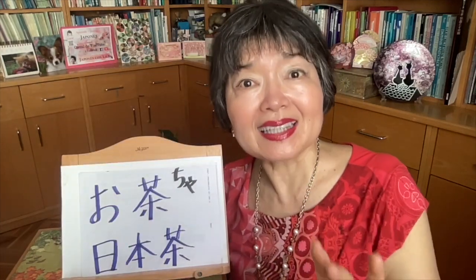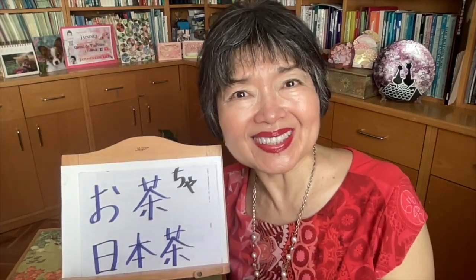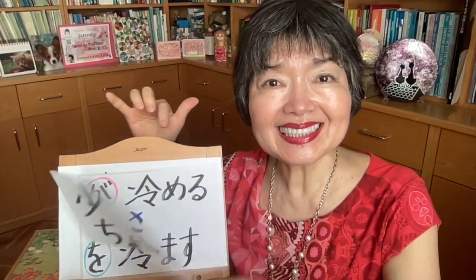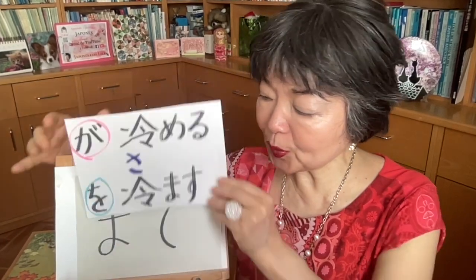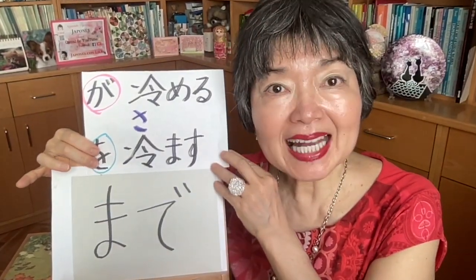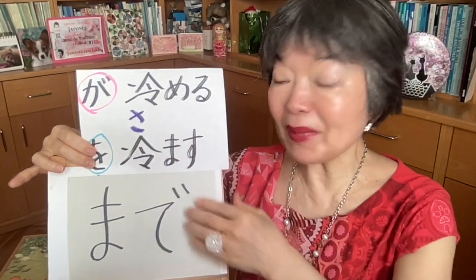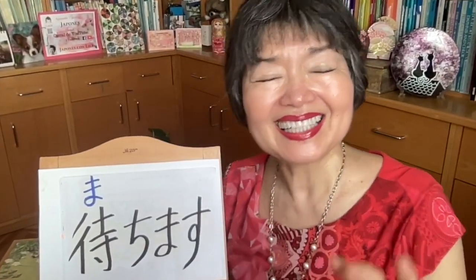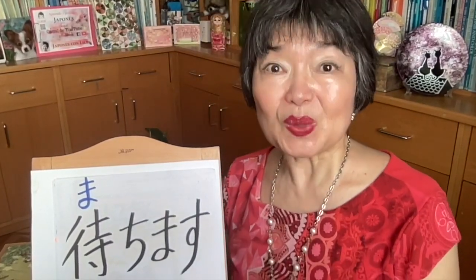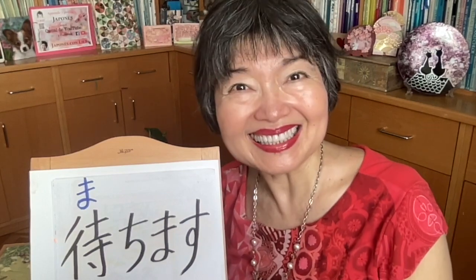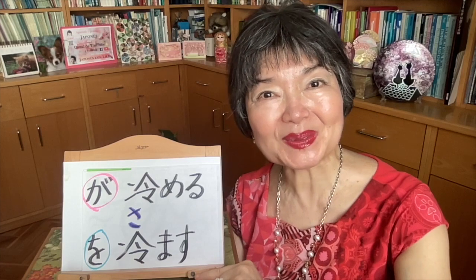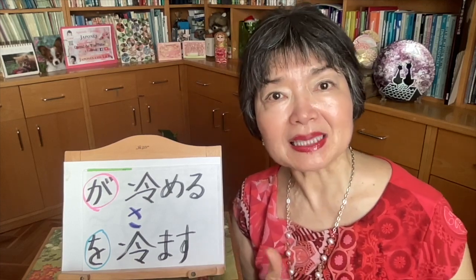Wait till the tea cools a little. お茶が少し冷めるまで待ってください。お茶が少し冷めるまで待ってね。Now the transitive verb, something を冷ます。In this case, I make something cooler.